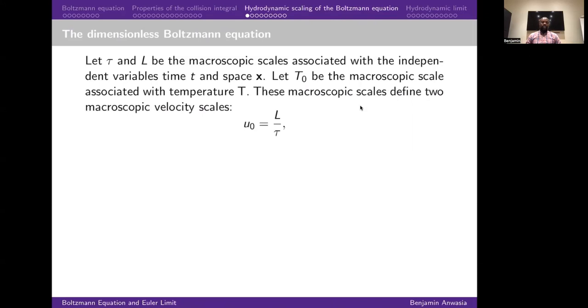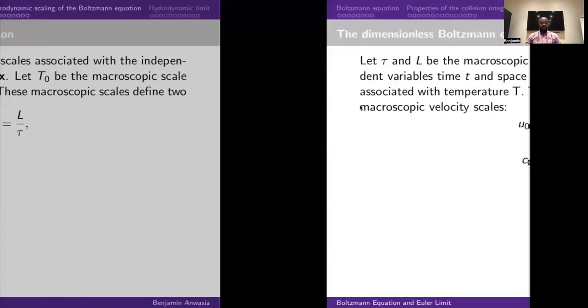U0 is the speed at which some macroscopic portion of the gas is transported over a distance L at time tau. And the second is the speed of sound in a monoatomic gas. It is denoted by C0, and it is defined as follows.